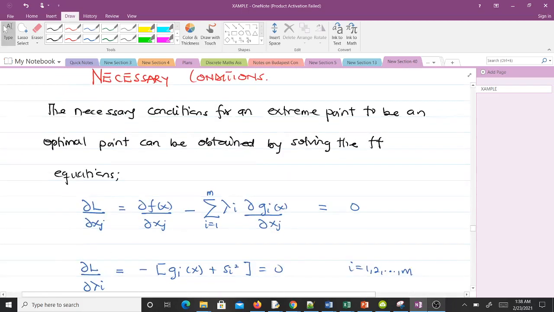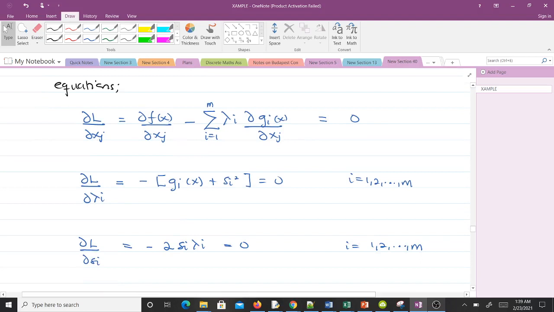So let's go through the necessary conditions. The necessary conditions for an extreme point to be an optimal point can be obtained by solving the following equations. We find the partial derivative of L with respect to our x's, and that should give us 0. Then we find the partial derivatives of L with respect to our lambdas, and that always gives us something of this form.